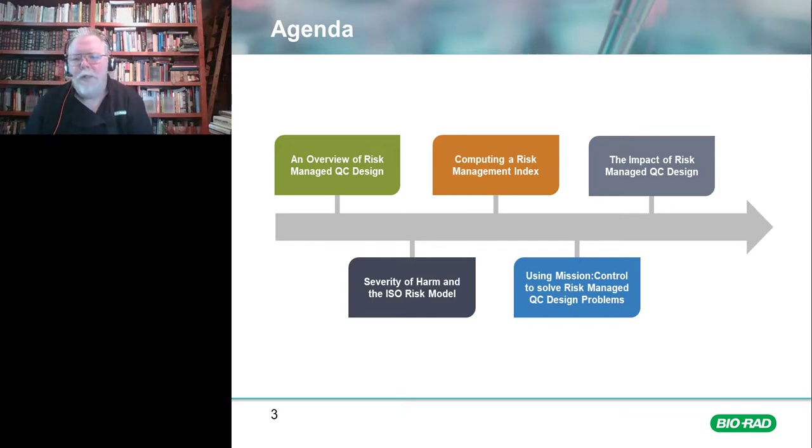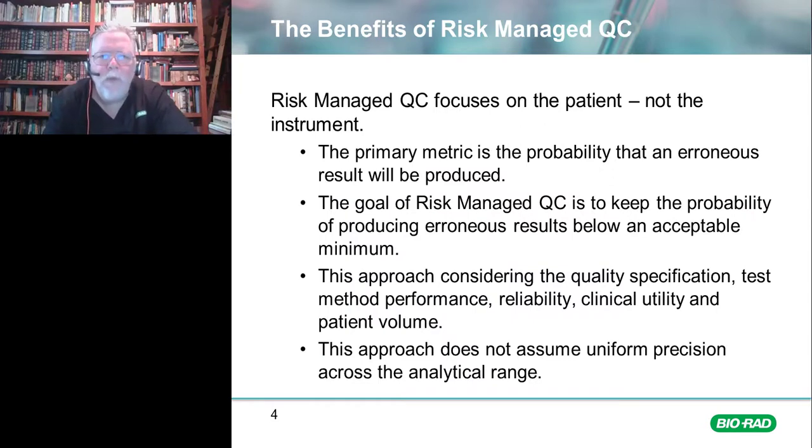So, why do we want to move to risk-managed QC? What are the benefits of doing that? Well, I would say the primary benefit is that risk-managed QC focuses on the patient. Conventional QC methods, where we are focused on metrics like the probability of error detection, are primarily focused on the instrument.